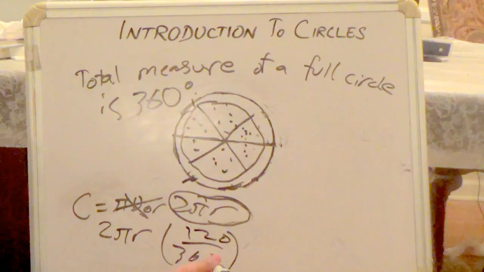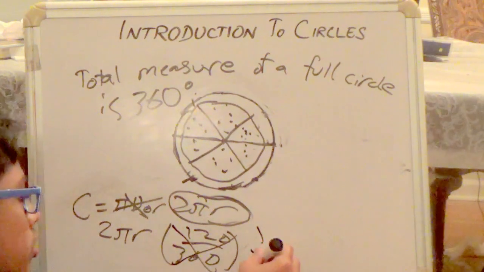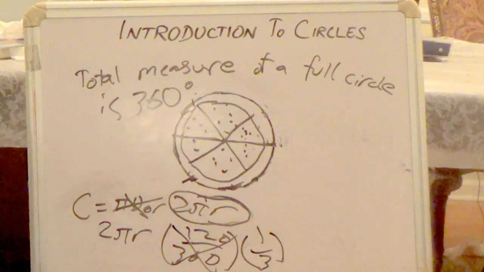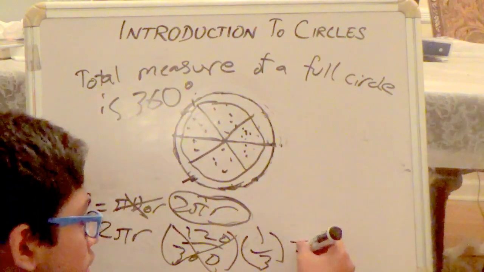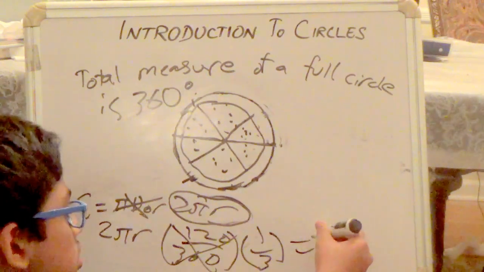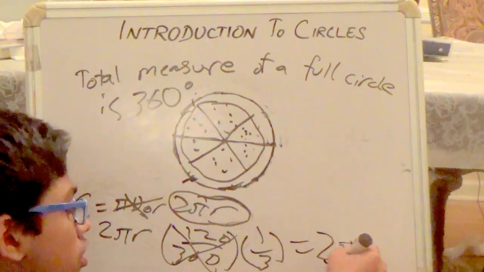So 120 over 360 is 1/3. So when you multiply 2 pi r by 1/3, you get 2/3 pi r. Let's assume the radius is 1. Okay, no, let's just keep the radius as r. So depending on the radius, your answer is 2 pi r all over 3.